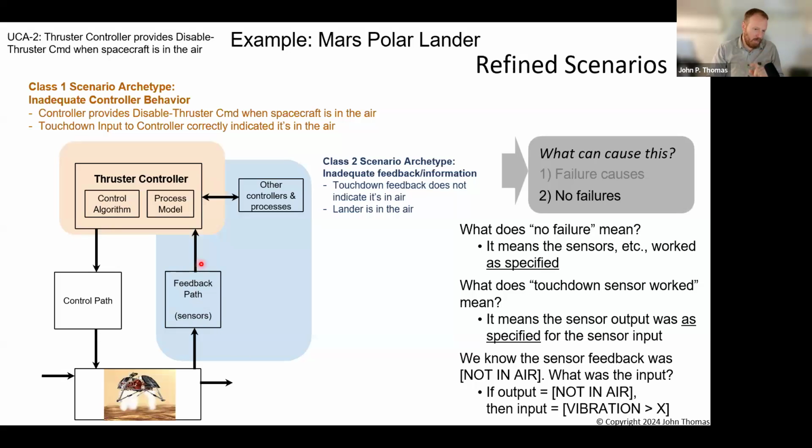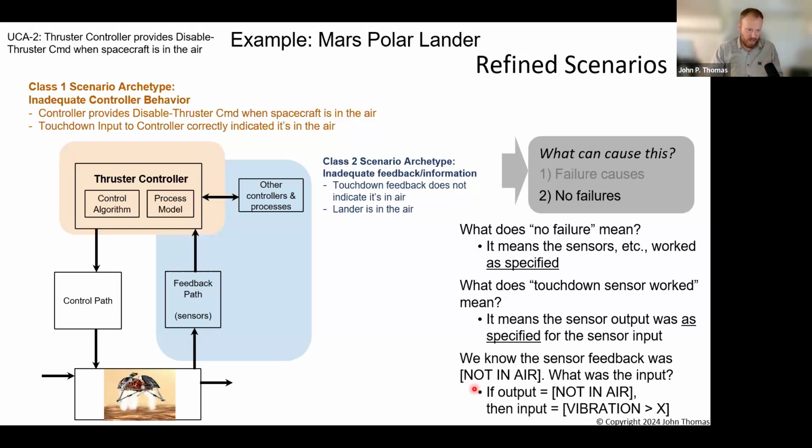If we're talking about case 2, no failures, these have to match, right? That's the definition of a non-failure. The input and output of the sensor have to match. So if the output is touchdown equals true, the input must be vibration greater than X. Do you see how we got that? We got it right from the specified behavior of the sensor, right from the requirement.